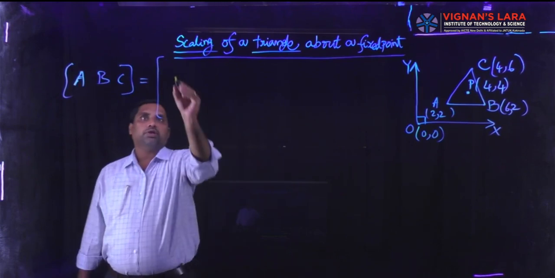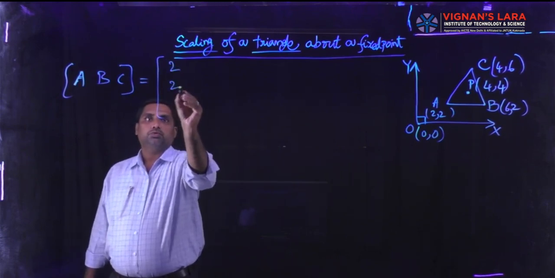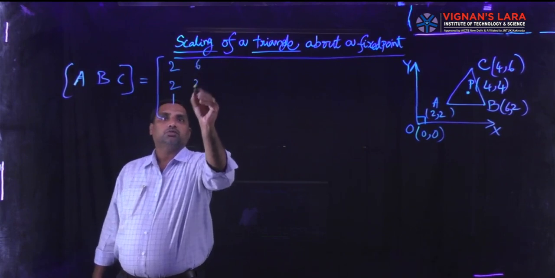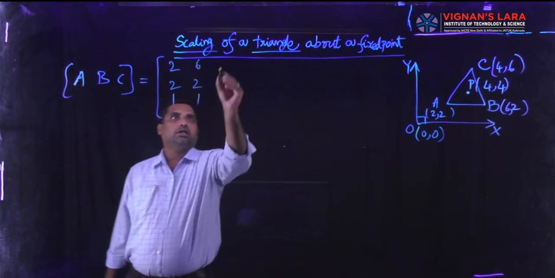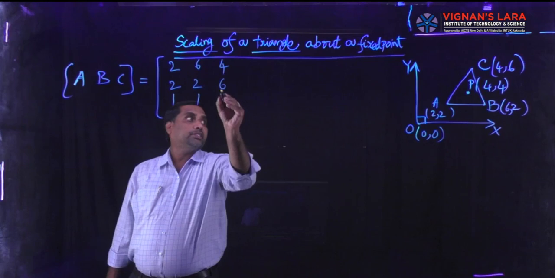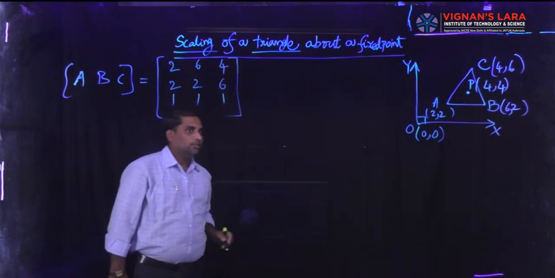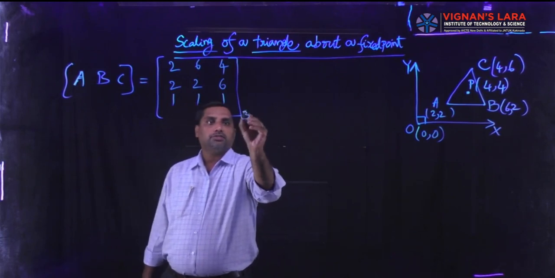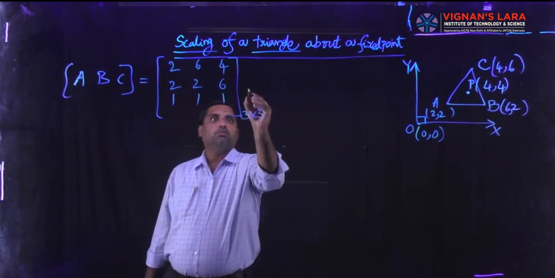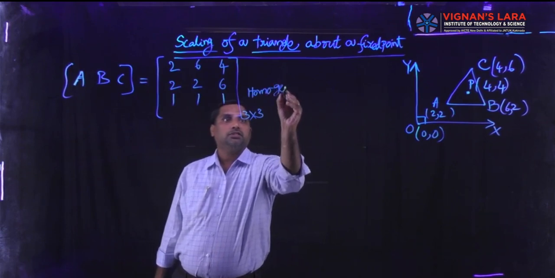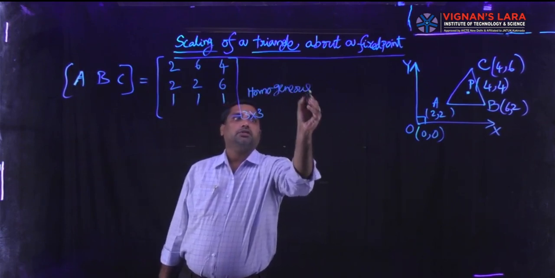Hence the triangle ABC in matrix form is represented like this. The coordinates of A are 2, 2, 1. The coordinates of B are 6, 2, 1. The coordinates of C are 4, 6, 1. This matrix is of order 3 by 3 and is the homogeneous representation.